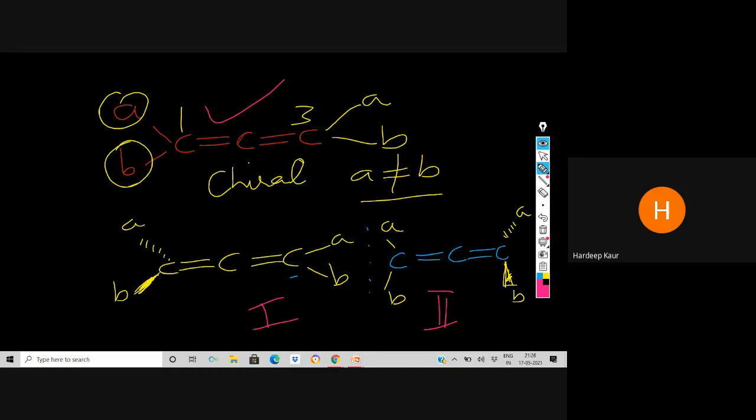Now, there is no chiral center in these, yet they are chiral. This is due to presence of chiral axis. These allenes are chiral in nature.